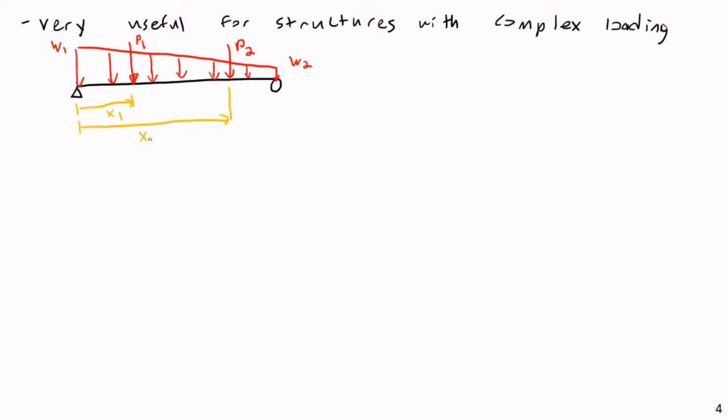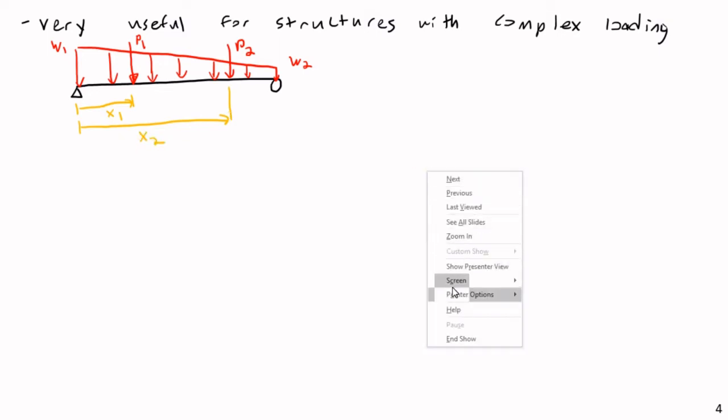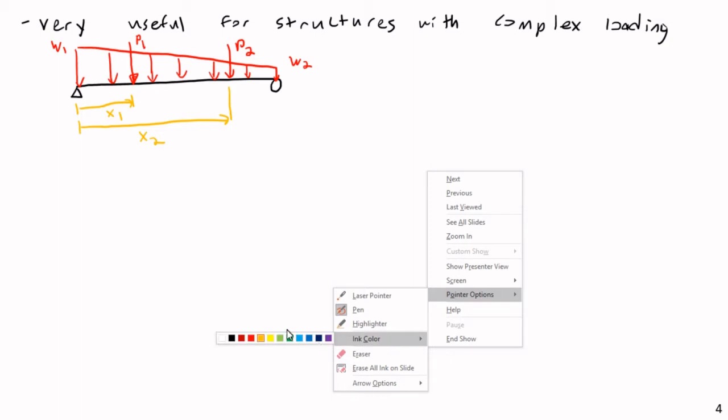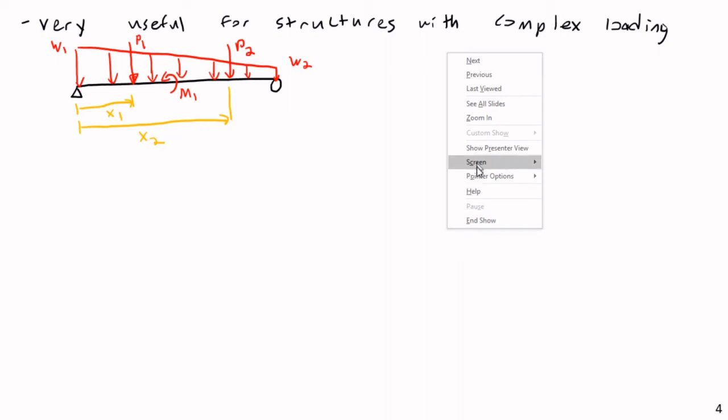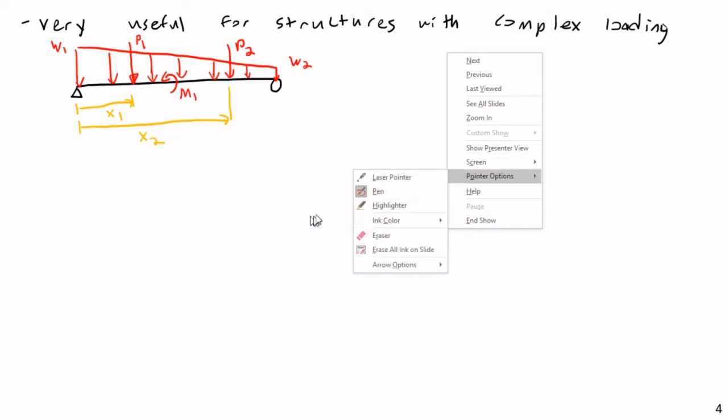And I'm not done yet. Let's say I could put a couple on this thing. Maybe there's a couple, I'll just call this M1 here. And maybe this thing's at X3.